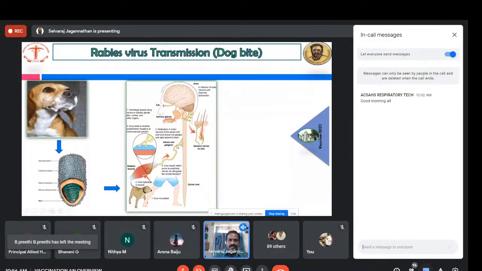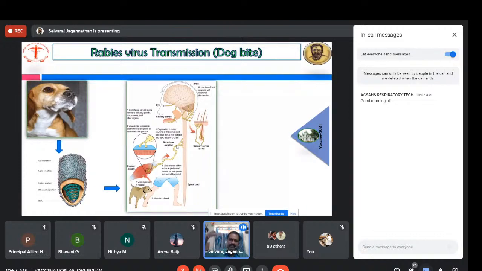The virus travels within axons in the peripheral nervous system via the retrograde fast axonal transport system. Once attached to the dorsal root ganglia with the spinal cord, it replicates in the motor neurons of the spinal cord and the local dorsal root ganglia, and there is rapid ascent to the brain.